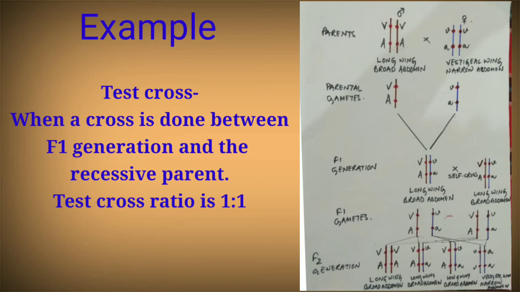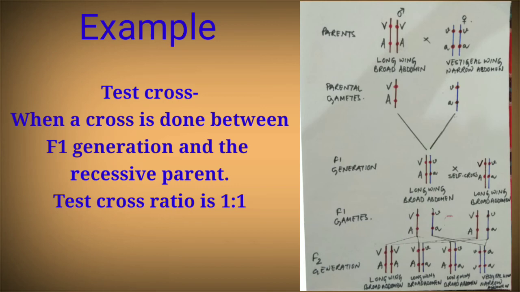So when T.H. Morgan crossed the F1 generation individual, that means capital V, capital A, small v, small a individual, with again the recessive parent, small v, small a individual, he got the test cross ratio of 1:1.